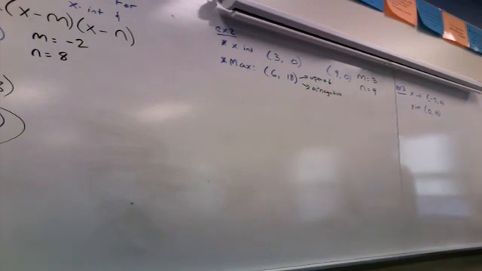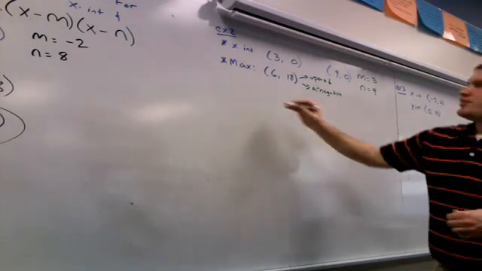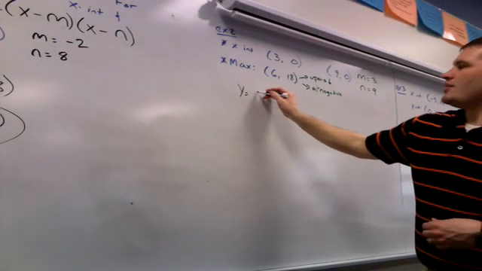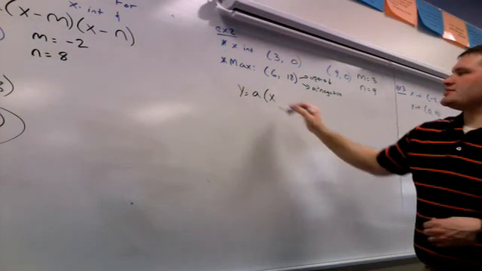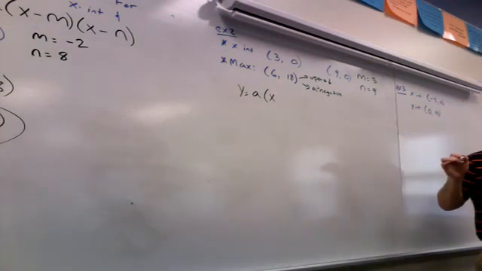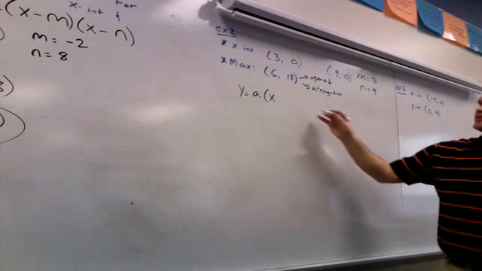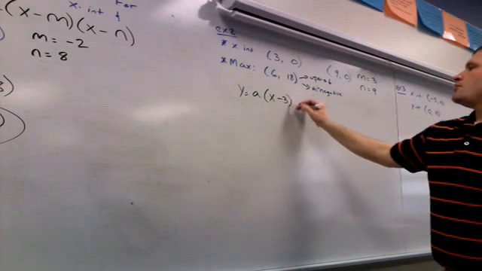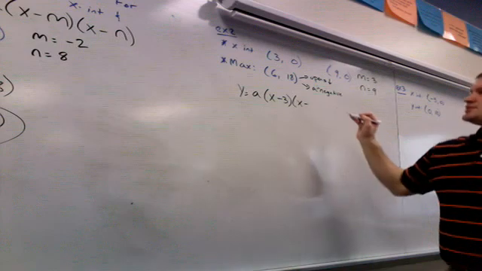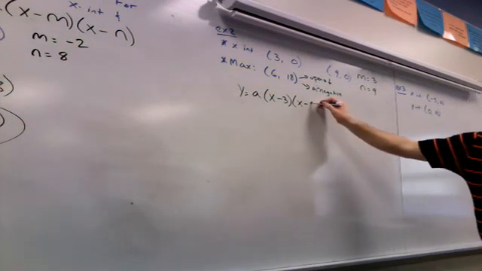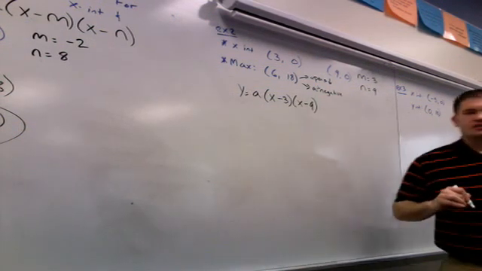We're going to have y equals A times x. What goes next? x minus 3, because 3 is my m. Then x minus 9. So there's our equation.